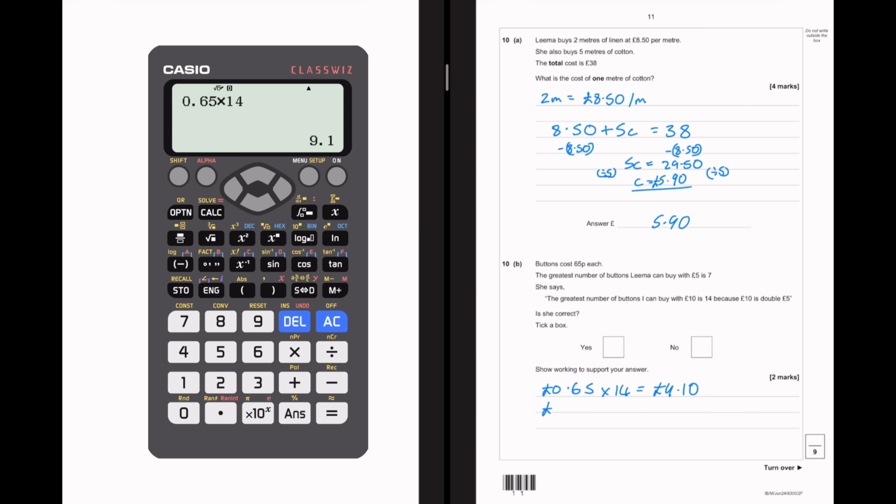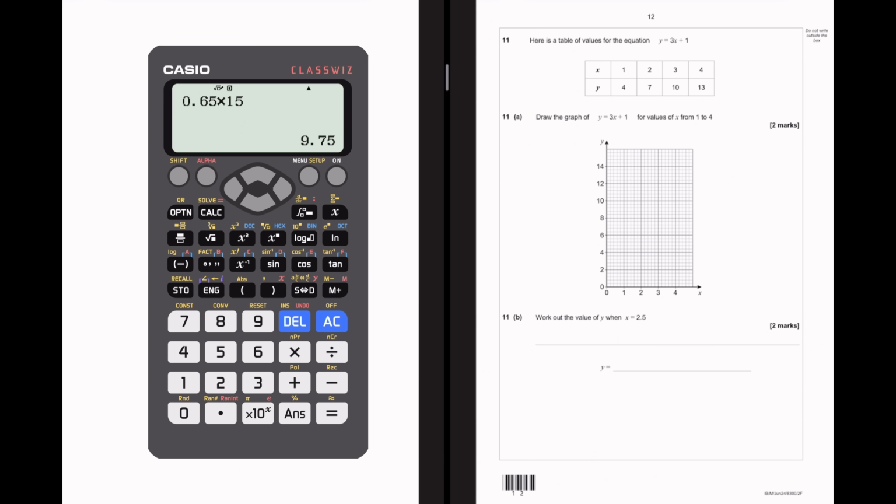If we do 0.65 times 15, this is equal to £9.75. So she's not correct, because the greatest possible number she can buy is 15.